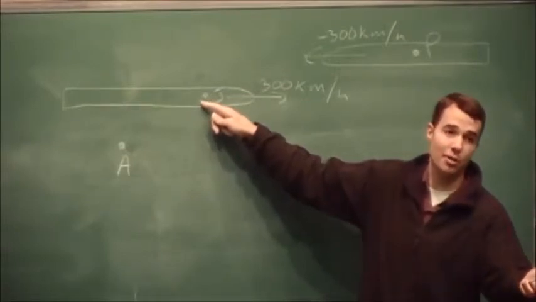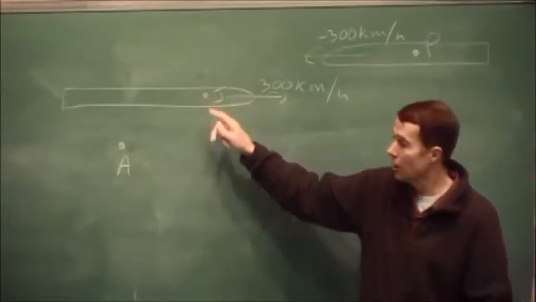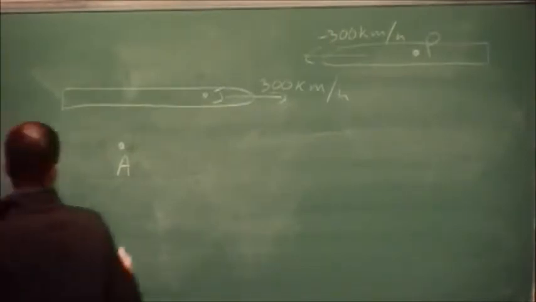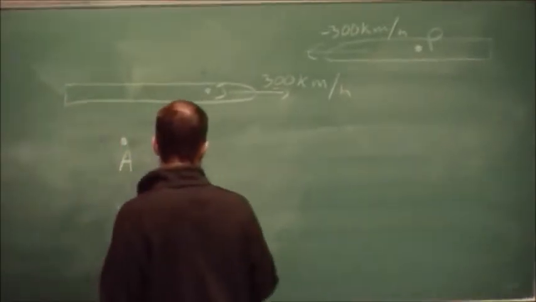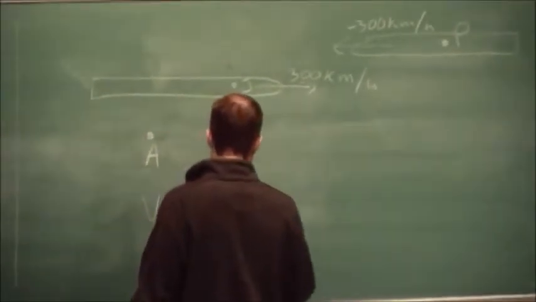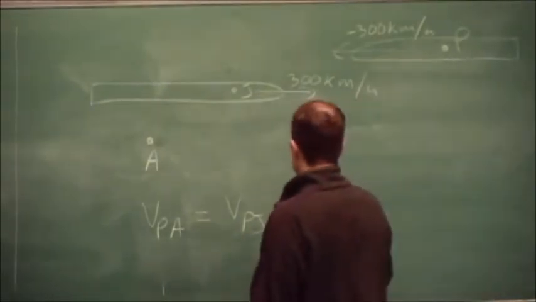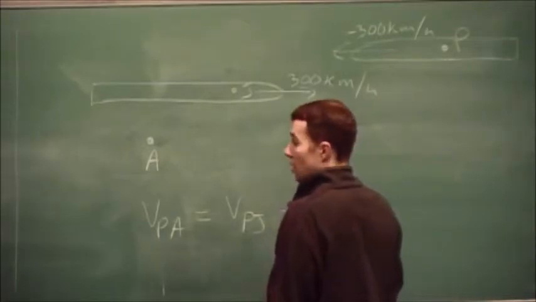Minus 600 kilometers per hour, right? That's what you expect. So we need to be able to show that mathematically, right? So we have VPA is equal to VPJ, which is just relative to me, plus VJA.